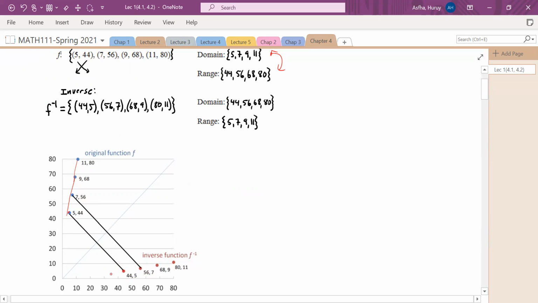And again, if you connect these points, you will get a straight line that looks like this one. And these two lines are a reflection of each other along this line. And this line is called the y equals x line, okay? So the graphs of two inverse functions are reflections of each other.